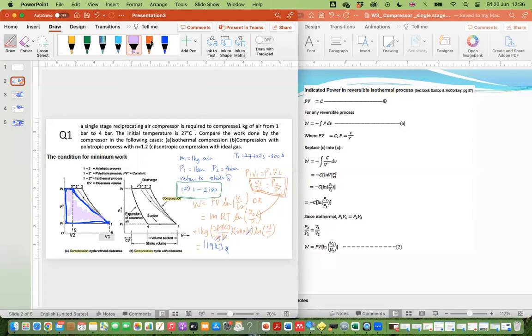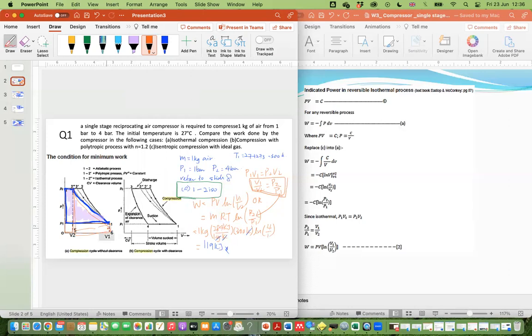If I want to know the whole work of this process, first I need to find out this part. Okay, this is the isothermal work plus the P2 V2 minus the P1 V1. Agree?